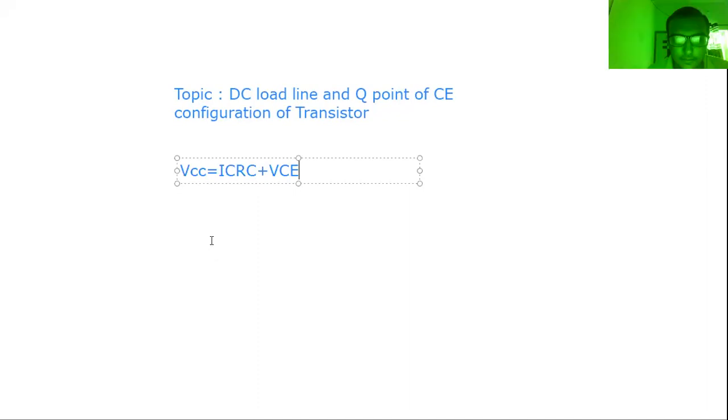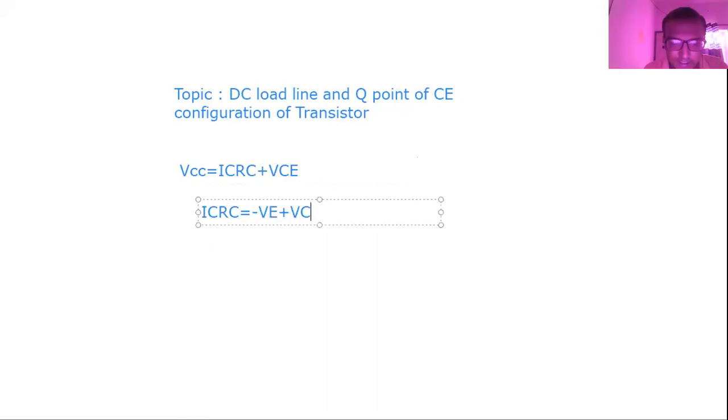See this here. If we make IC RC the subject, IC RC equal to minus VCE plus VCC. This is the equation. Now what is the maximum voltage at the output of common emitter configuration of transistor? It is known as plus VCC.